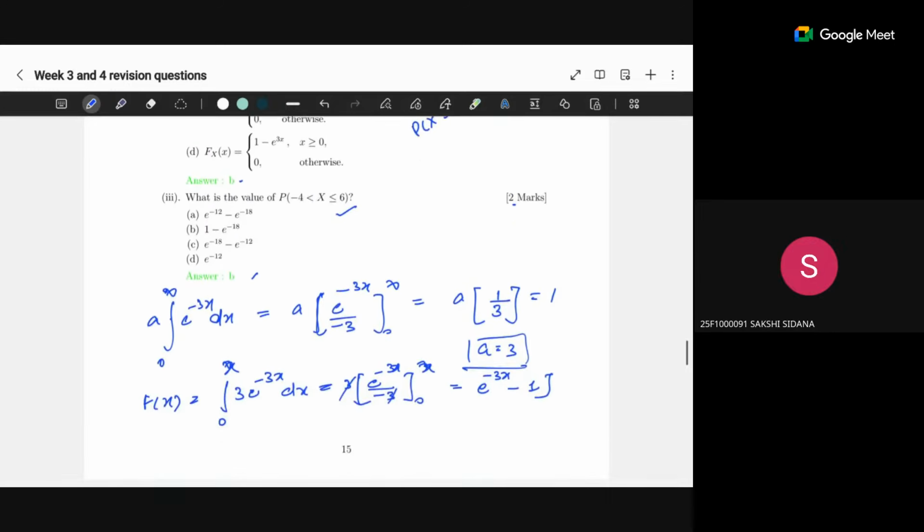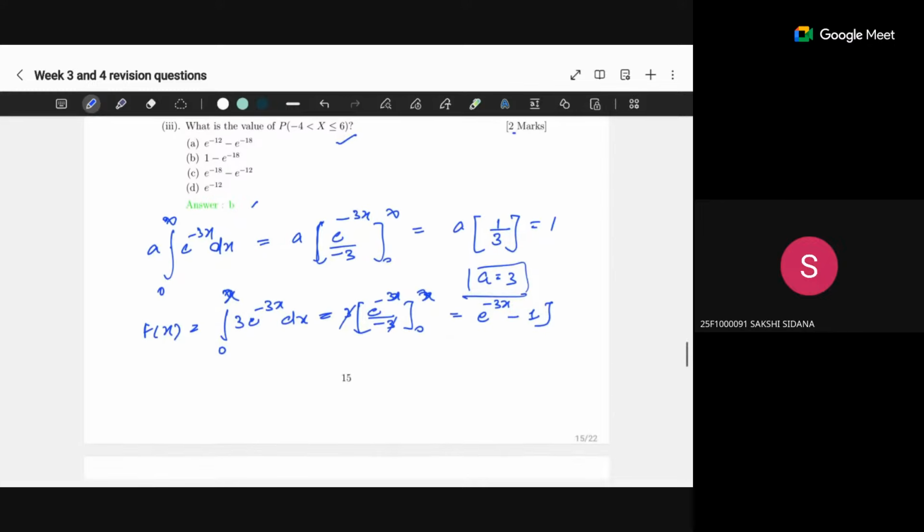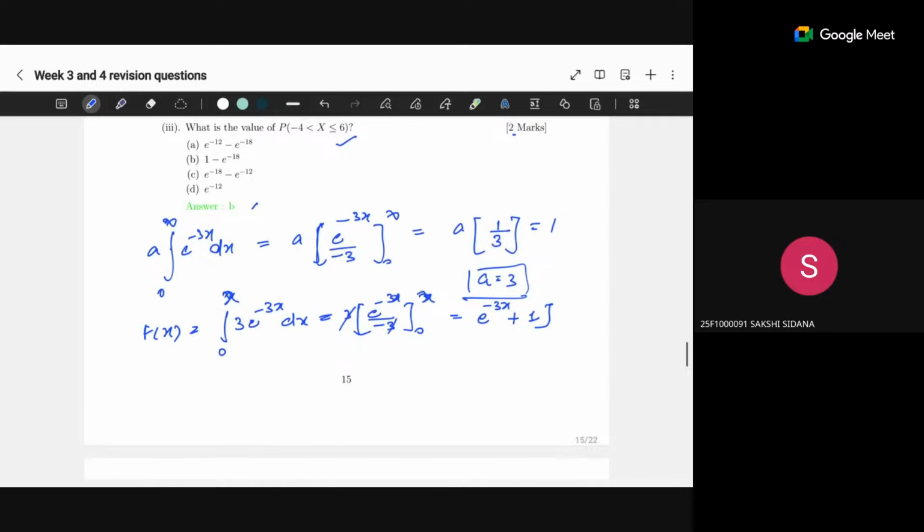What is the answer? Ma'am, the second part, can you do it again? For the Fx? Fx is from 0 to x, right? This is the CDF. 3 e raised to the power minus 3x. 3 will get common out, so I will integrate this part. So this is basically e raised to the power minus 3x upon minus 3, from 0 to x.